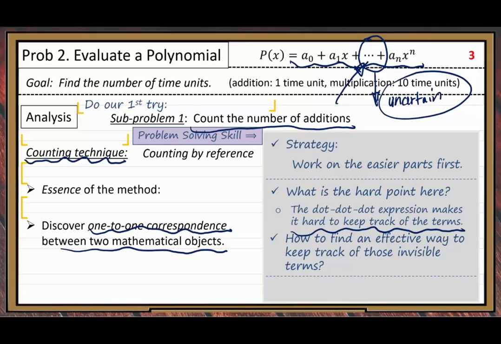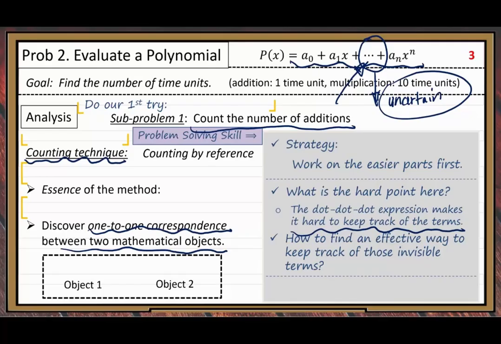Let me use a simple diagram to show you the idea. In this diagram, we have object 1 and object 2, certain mathematical objects. I use the abstract way first.